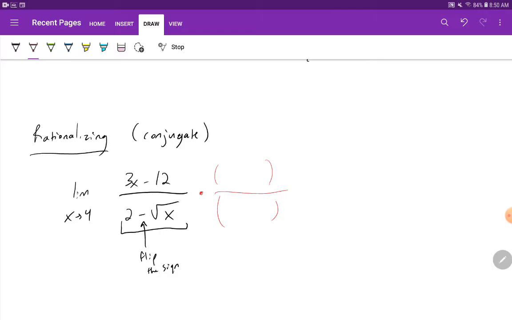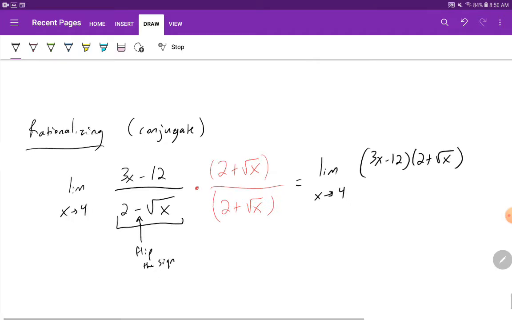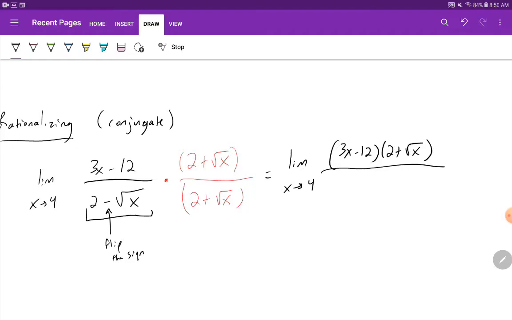So we're going to multiply the top and bottom by 2 plus root x. And then this is going to simplify nicely. Watch. So we get limit as x goes to 4. On top, we get 3x minus 12. I'm just going to leave it alone, not even distribute it. And then on the bottom, when we multiply everything out, we get 4 minus x.